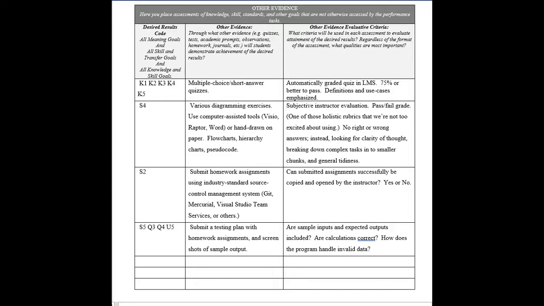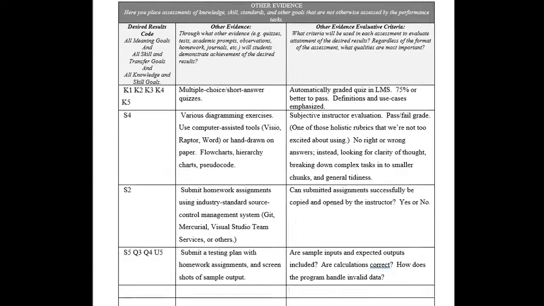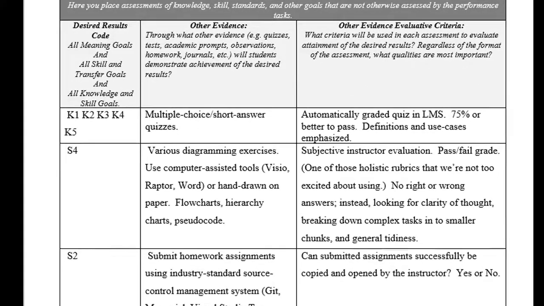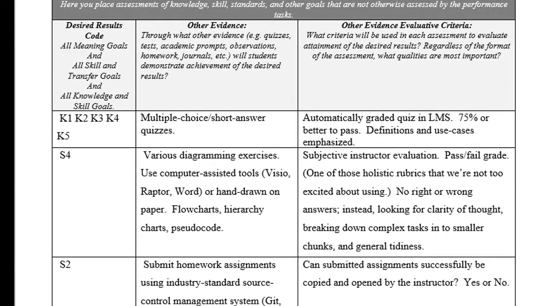Finally, we have this section entitled Other Evidence. These are the non-performance tasks, other ways to assess whether a student has understood the material. In this case, these types of other evidence would be quizzes or exams. In my case, I have a couple that are identified with a skill, with the S code. Students need to submit their assignments using one of these skills.